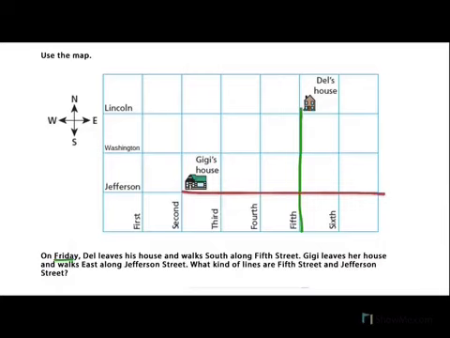So what kind of lines are 5th Street and Jefferson? Well, they're not parallel because they intersect right here. So I also notice they're forming right angles. So these lines are going to be perpendicular.